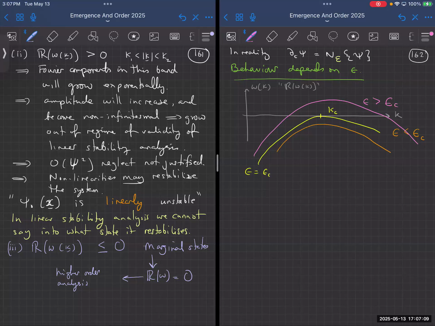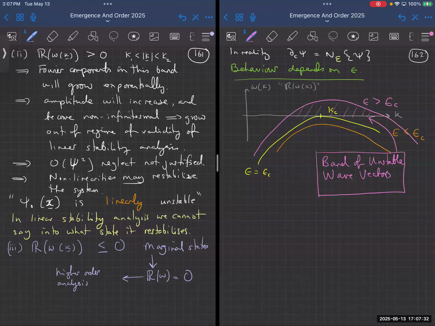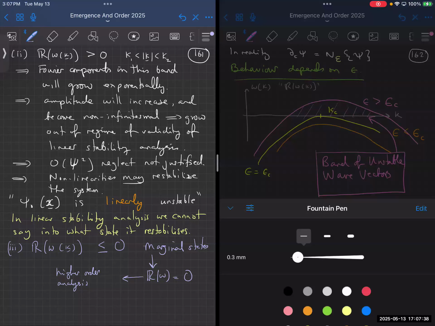And now what's going to happen is I have a band of unstable wave vectors. So that's the region over there. In that band, it's unstable.